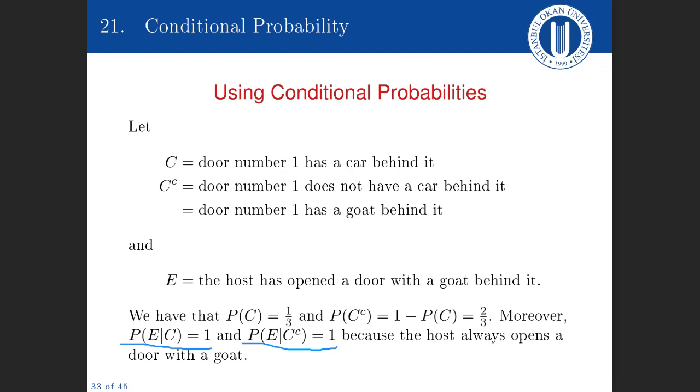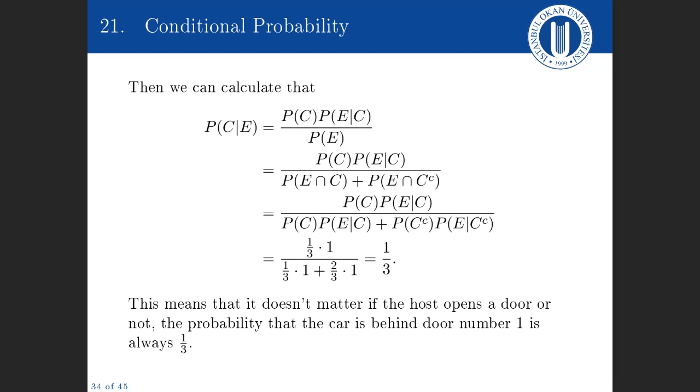Now that we have these numbers, we can put these into our formula. What is the probability that the car is behind door number 1, given that the host has opened a door with a goat behind it? Using our theorem, that's the same as P(C) P(E given C) divided by P(E).